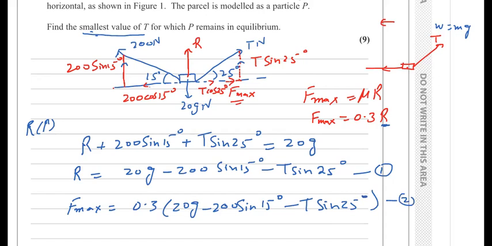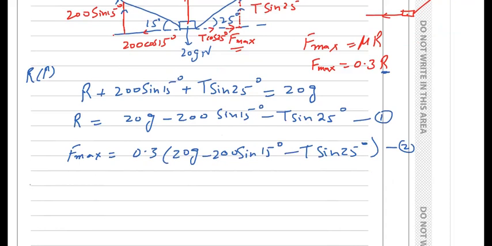Now resolve the forces horizontally. When I will resolve the forces horizontally, so what will happen? Resolving these forces horizontally, this F maximum is in this direction, this is in this direction.